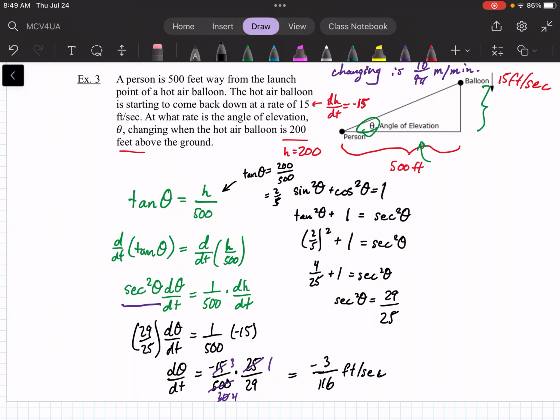Now we can write a conclusion. The angle of elevation is reducing, and it's not actually feet per second, that's radians per second.